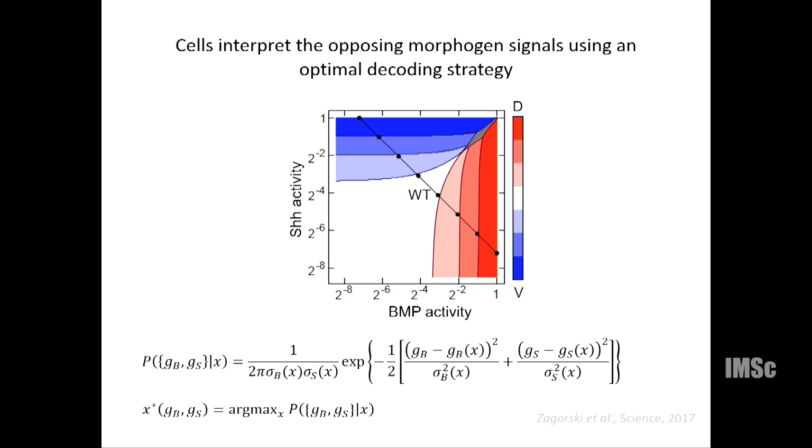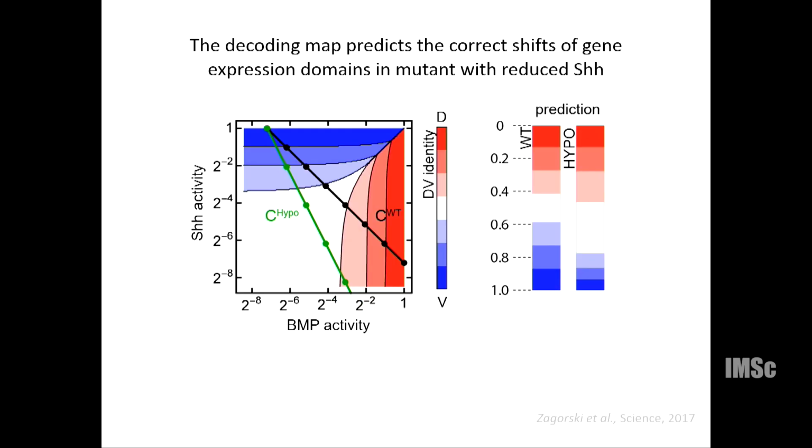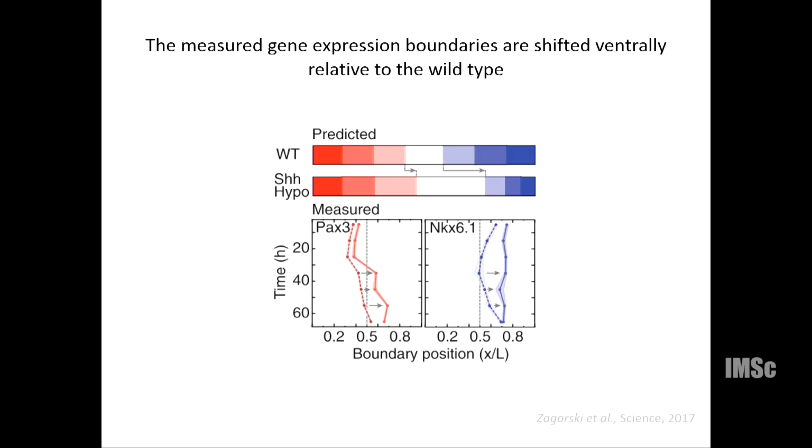And now with this, we could move a bit farther from this wild type line and see whether we could make predictions for mutants. So one prediction was, if we now have hypomorph mutants where the Sonic hedgehog is reduced, you get a shift in the gene expression domains, say the ventral domains are compressed, and the intermediate domains are broadened, and that was the prediction that we could also compare with the experiment.